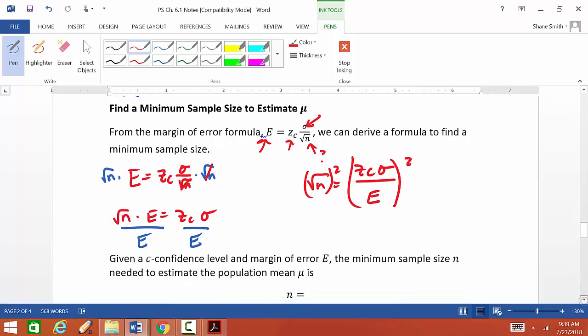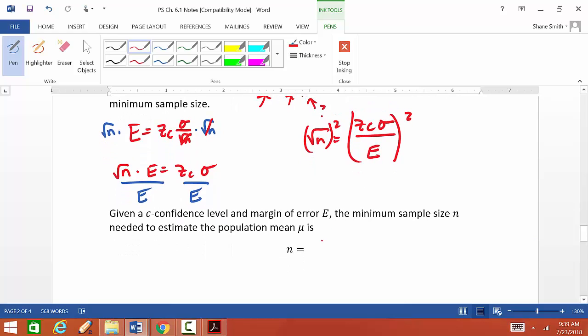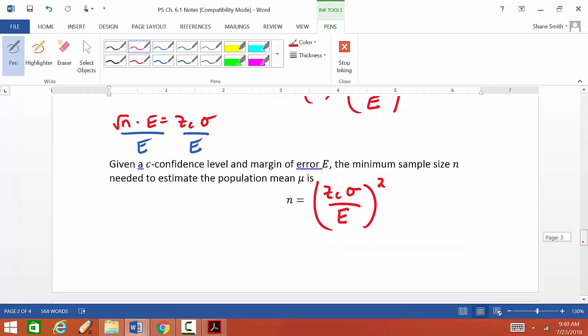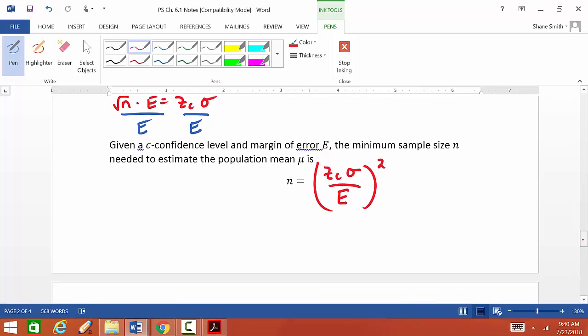And basically, we can solve for n. So n, after we square both sides, is z sub c sigma over e, quantity squared. So if we know our confidence level, our population standard deviation, and our margin of error, we can estimate what n is, what sample size we need.